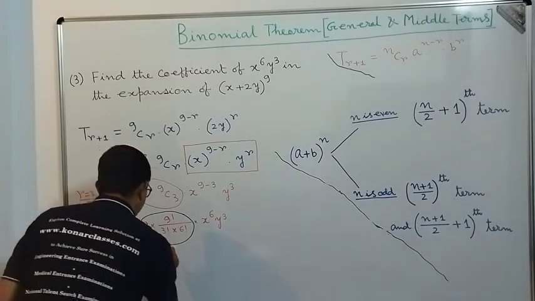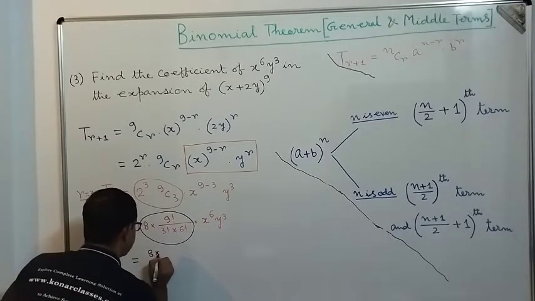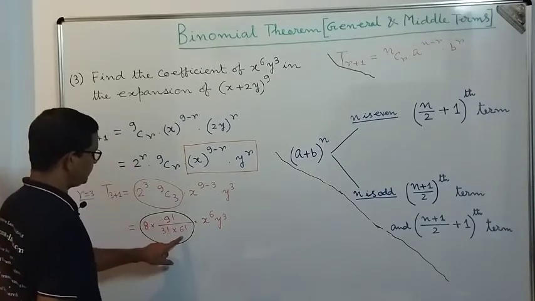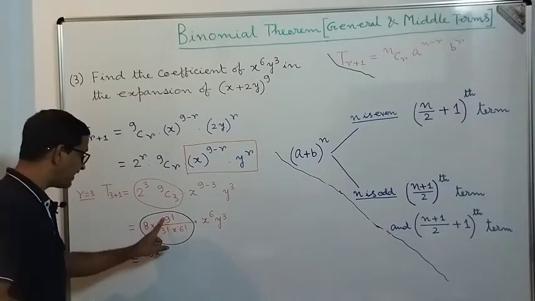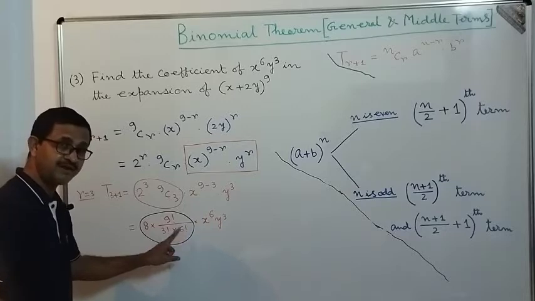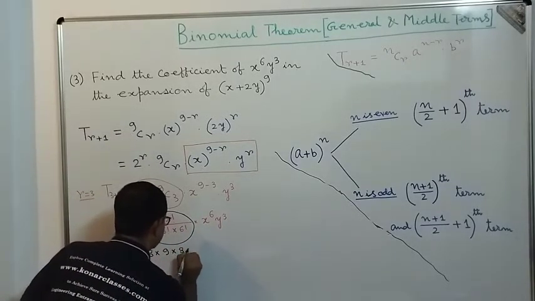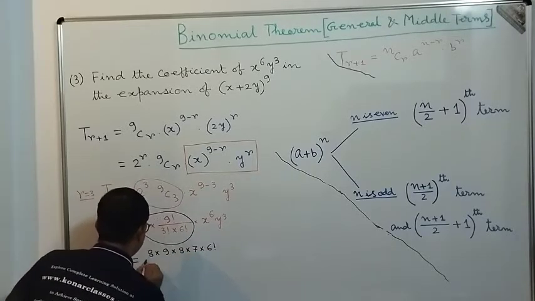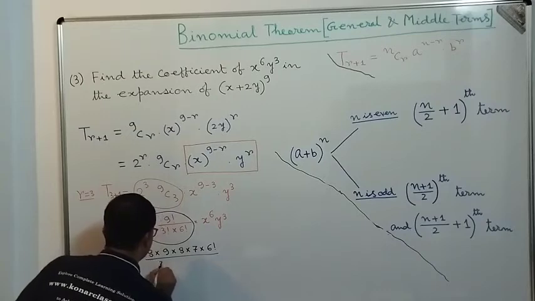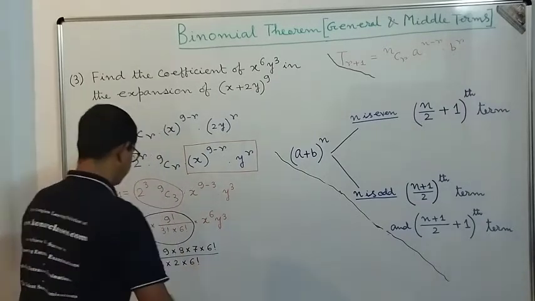To find the value of this expression, this is equal to 8 into 9 factorial over 3 factorial into 6 factorial. 9 is more than 6, so we should expand 9 factorial. So we get 9 into 8 into 7 into 6 factorial divided by 3 into 2 into 6 factorial, correct?